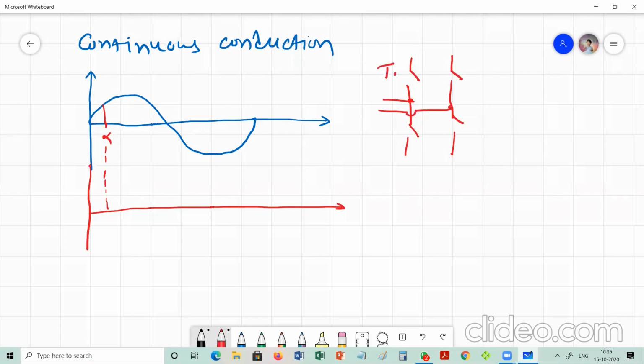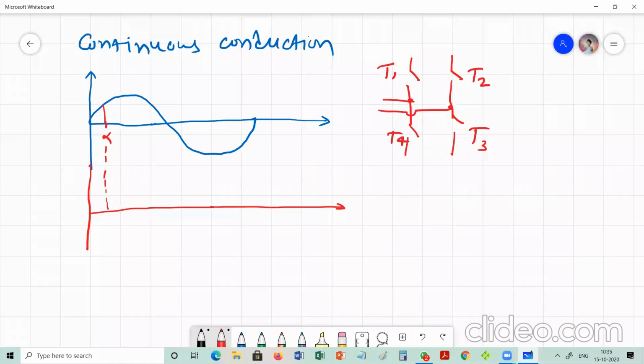This is, I think, switch T1. Then I will check in the book what notation they have given, and we will follow the same notations. So this is T2, this is T3, and this is T4.